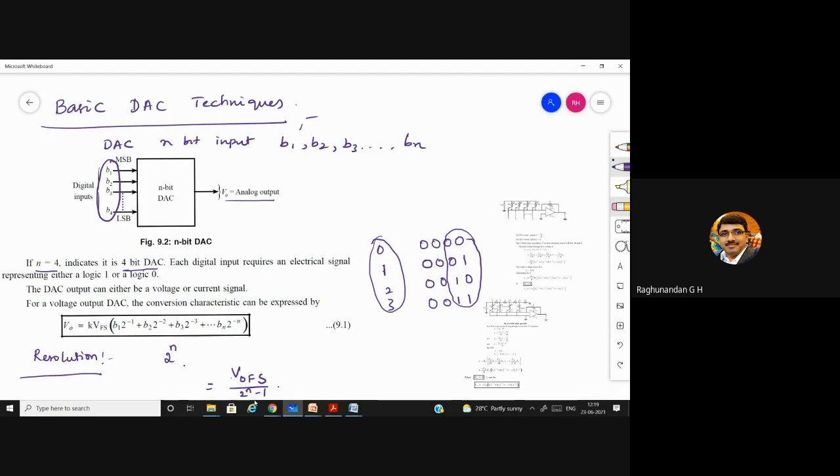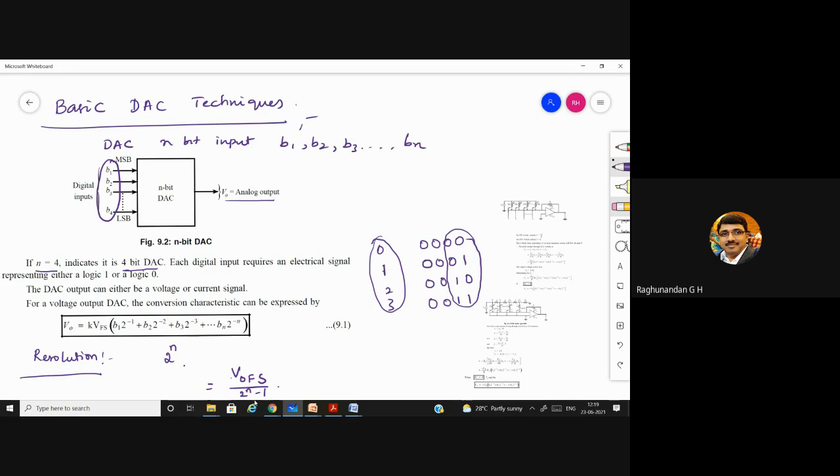MSB values will change only when it has covered all the LSB values. But the initial change or successive change will take place at the LSB levels. So that is the definition of resolution.